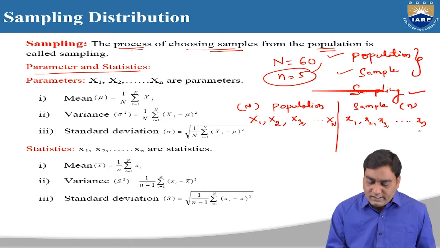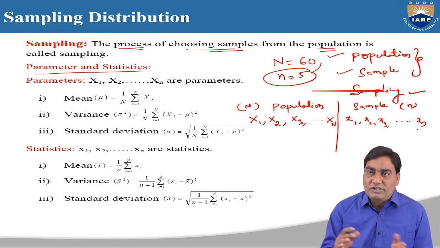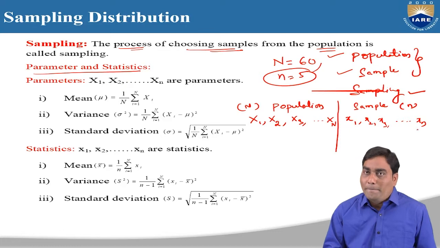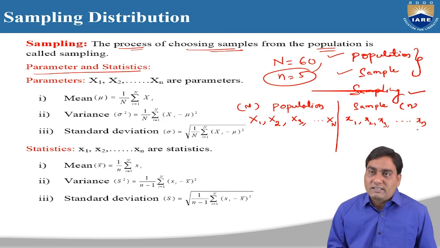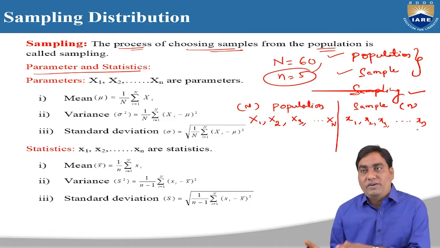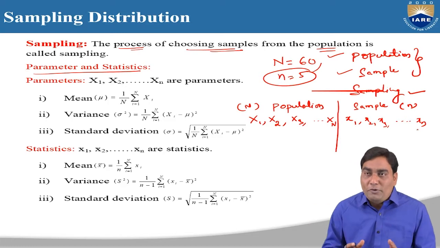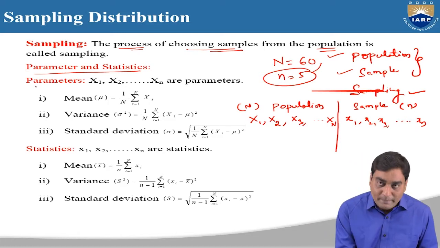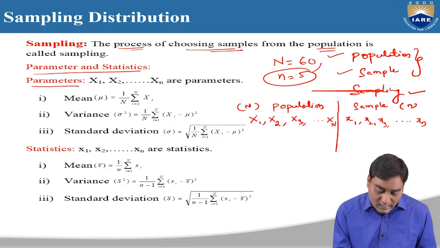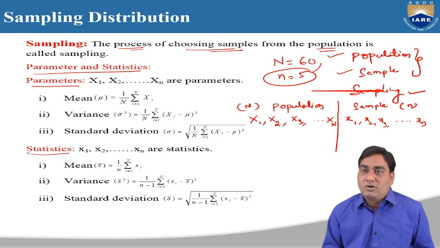Now we are going to discuss 3 topics on population and sample, which are mean, variance and standard deviation. We are going to discuss mean, variance and standard deviation for the population side, similarly for the sample side. For the population side we call them parameters and for samples we call them statistics.